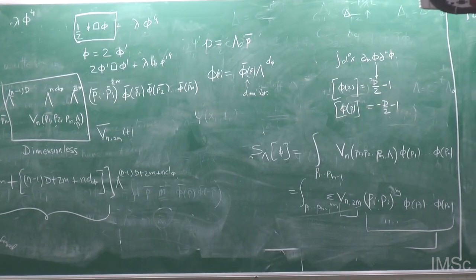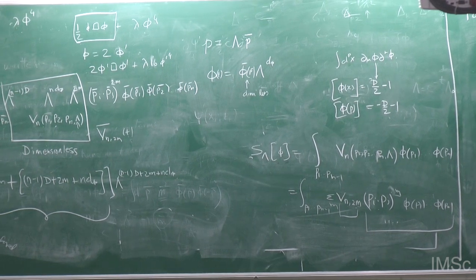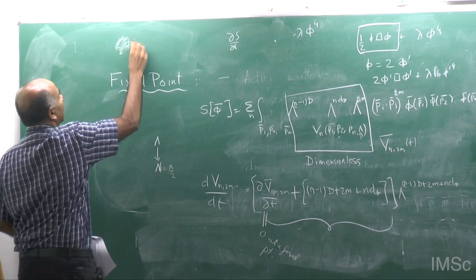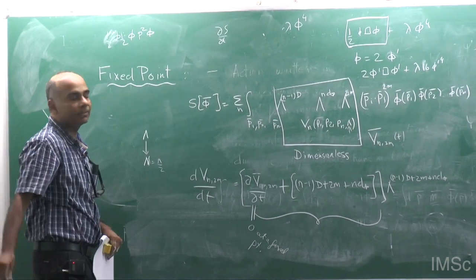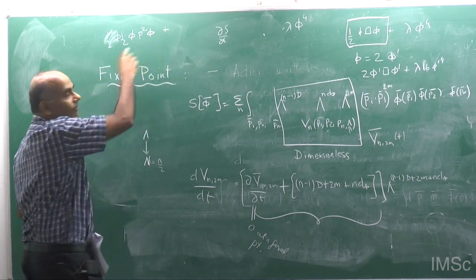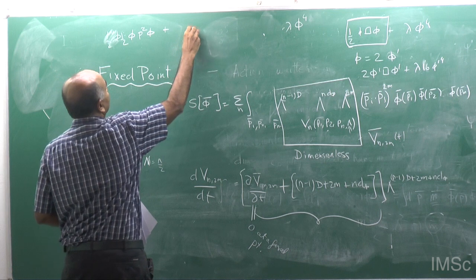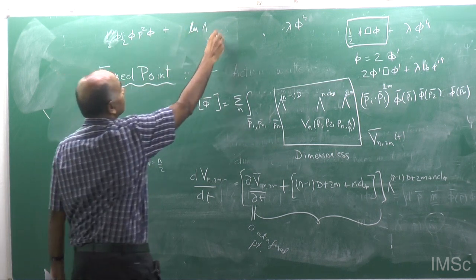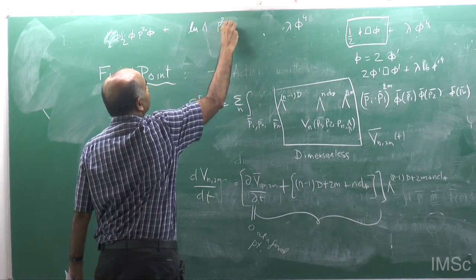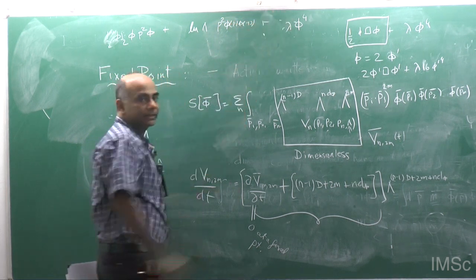But typically what happens when you run this RG is that your kinetic term gets a correction. So half phi p squared phi, the kinetic term, the interactions will modify that. What will happen? You'll get some term of the form log lambda, some logarithmic divergence, times p squared times phi p, plus lots of higher derivative terms and all that.